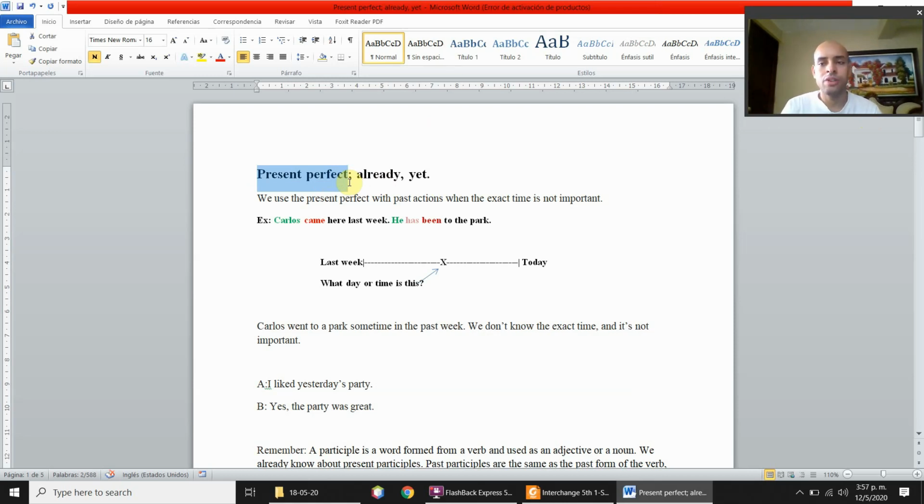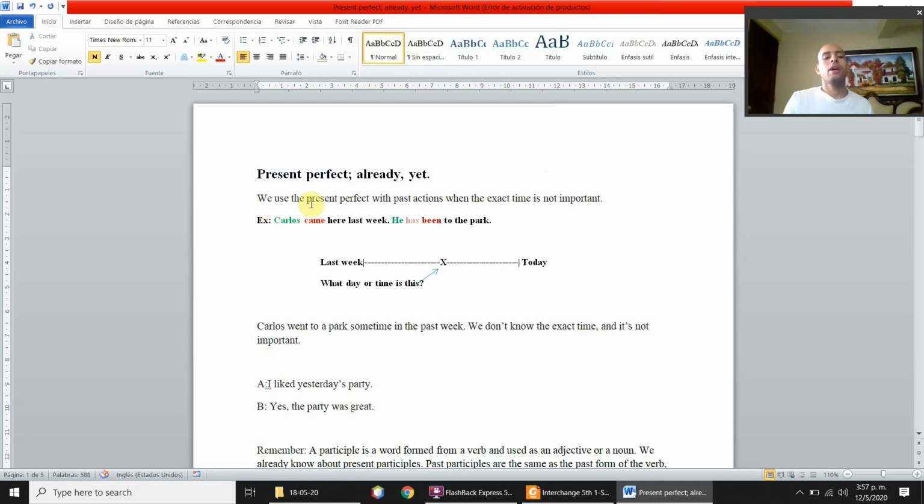Just the definition and maybe some examples. The present perfect is similar in Spanish and in English. They have some similarities, not everything, but they have some similarities, and it can help you with this class.